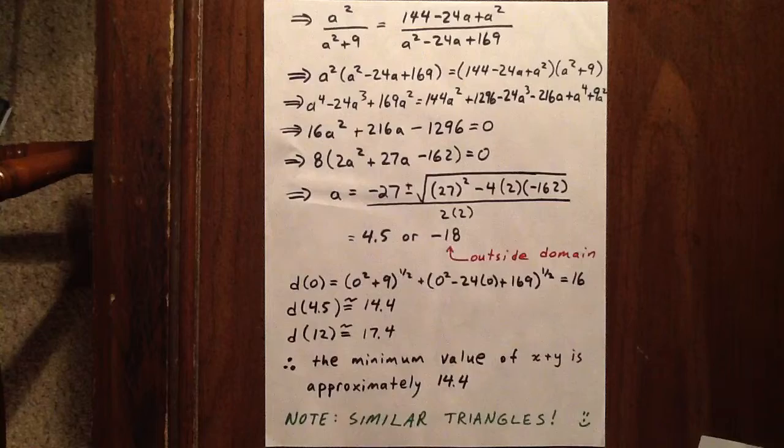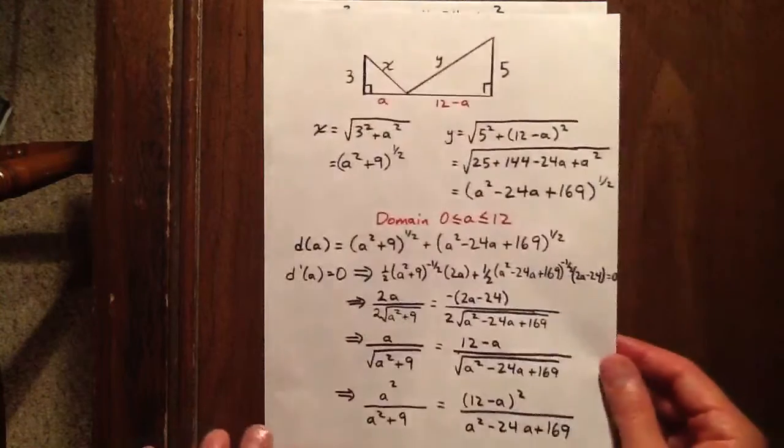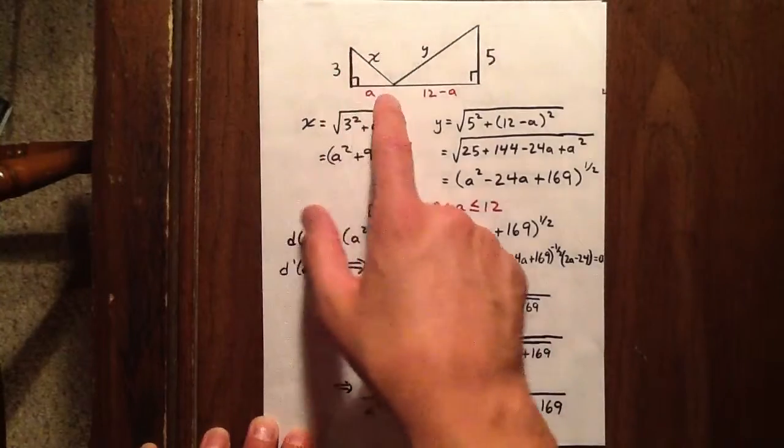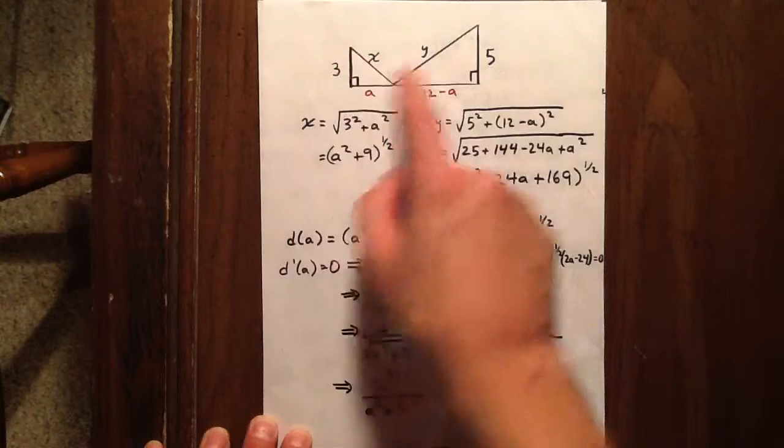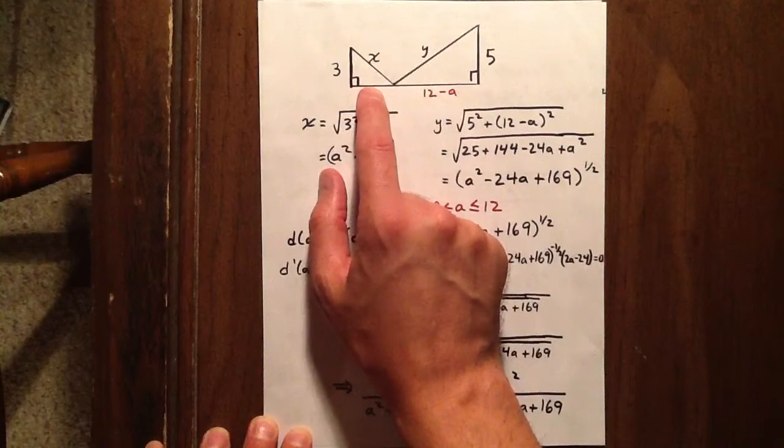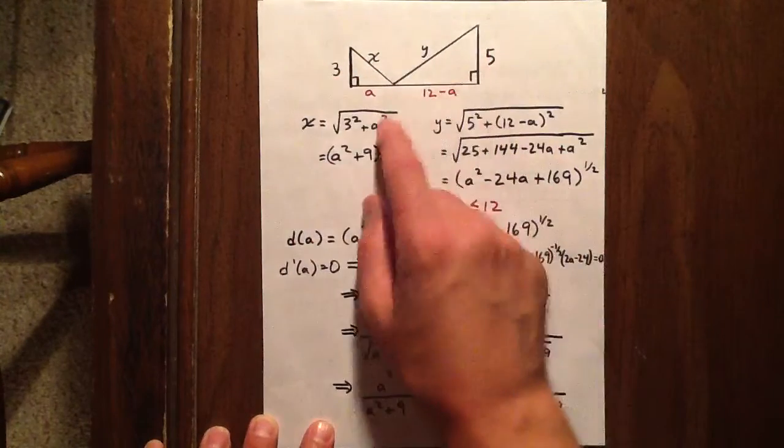Now, believe it or not, we could have actually done the whole question a lot simpler if we realized that the shortest total distance is going to result in similar triangles. So 3 plus 5 is 8.